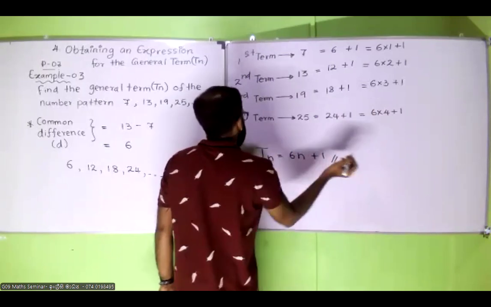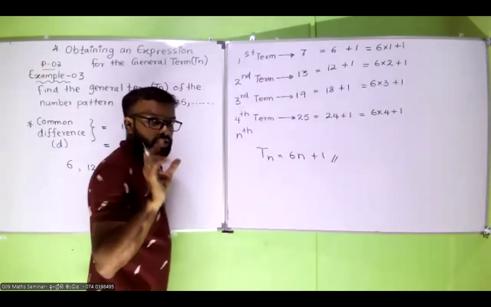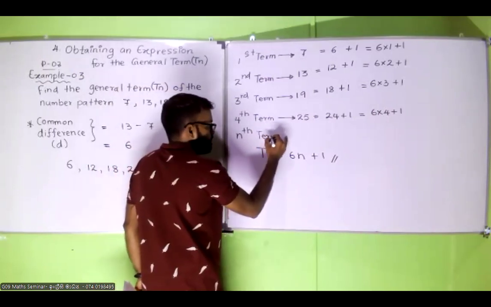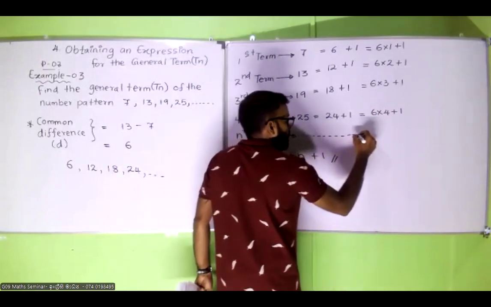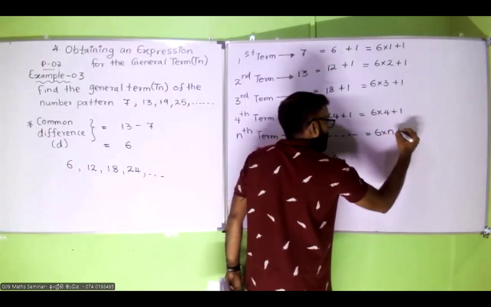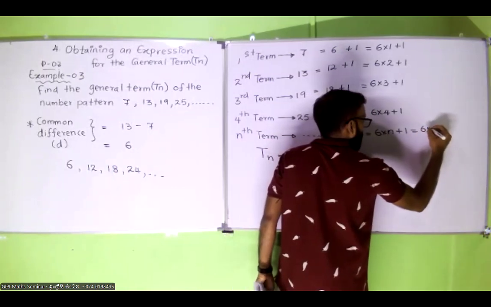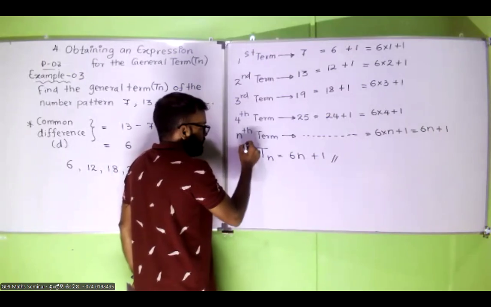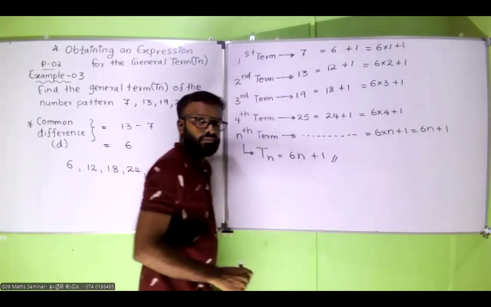Right? So if you want to find the nth term, you must write this. The nth term can be obtained as 6 times n plus 1. So it is called 6n plus 1. The nth term is called this. Tn equals 6n plus 1. Right?